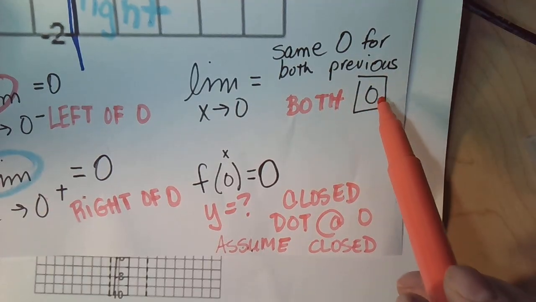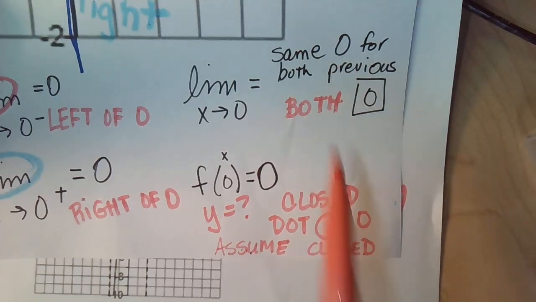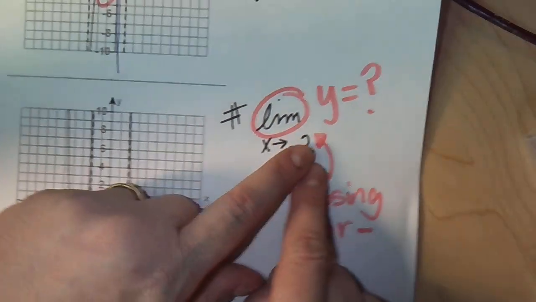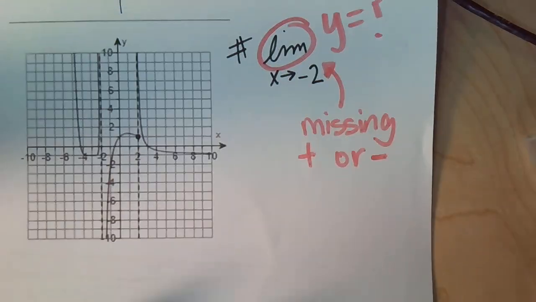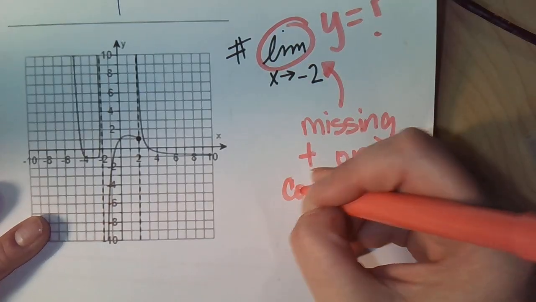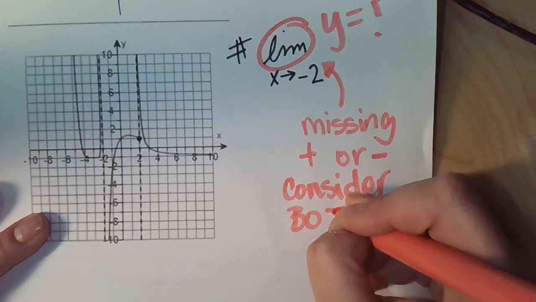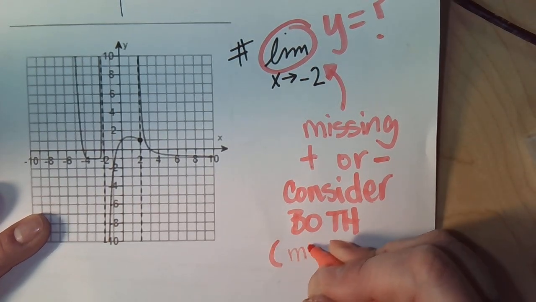And the only way you get an answer right here is if you had the same number for both the left and the right. Okay, let's look at ours. I don't have a plus or a minus up in the air, so I have to consider both. And remember, when I consider both, they must be the same.